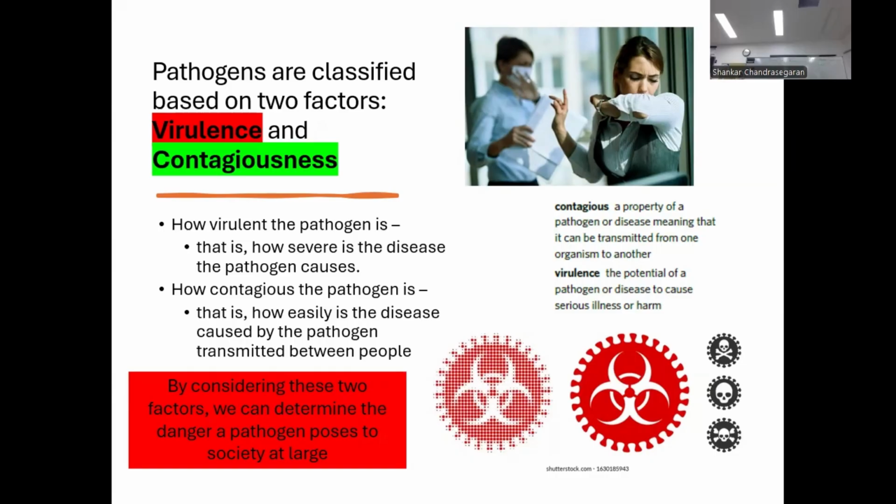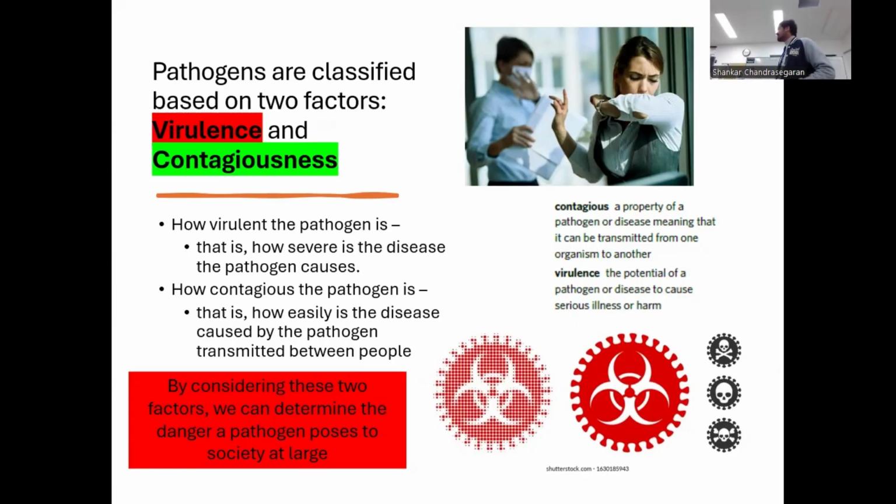By considering these two factors, we get an overall sense of any disease's danger, right? How easily it can spread influences how dangerous it can be, and how dangerous the disease that it causes is also important. For example, the way we look at COVID is that it spreads very easily, but in terms of its virulence, it's not as high as some other viruses that we've dealt with in the past.